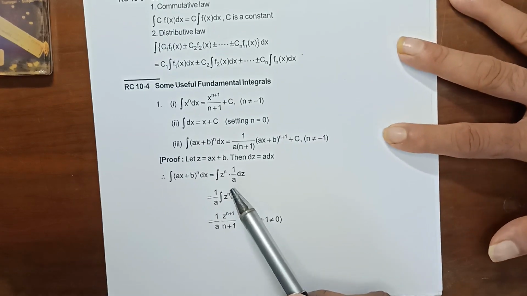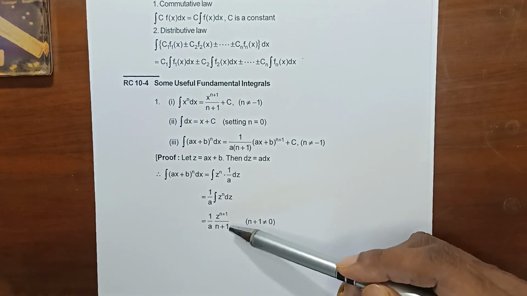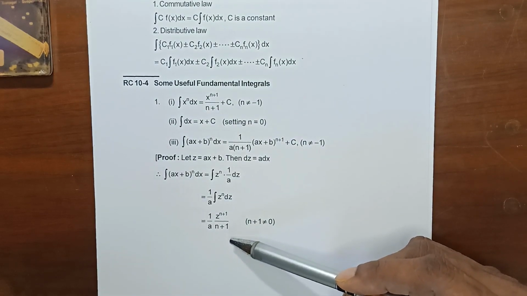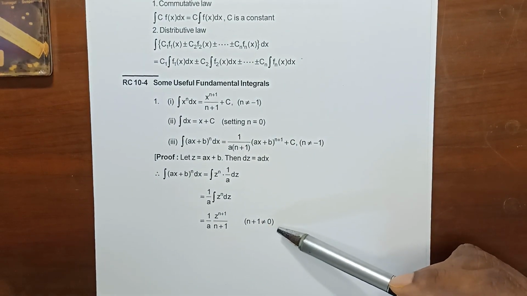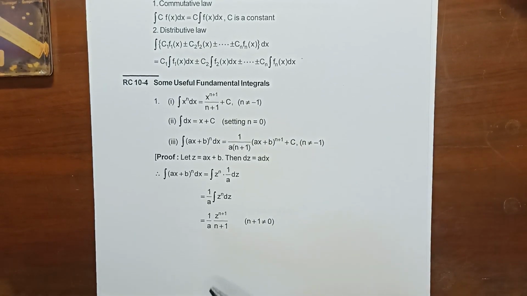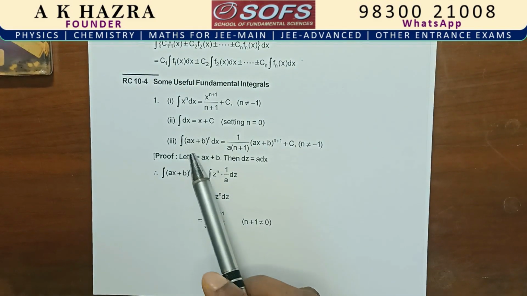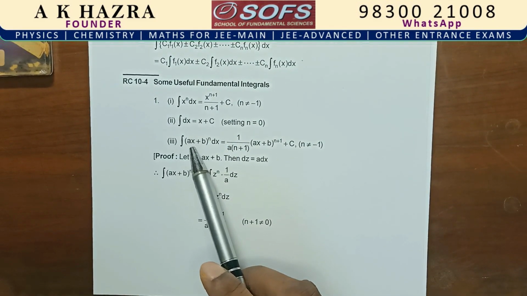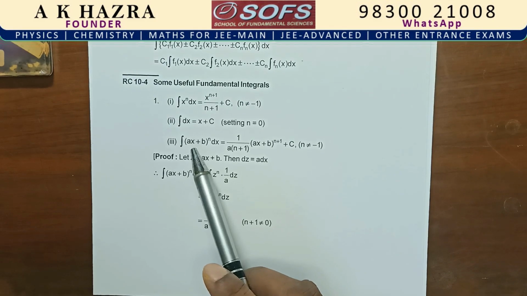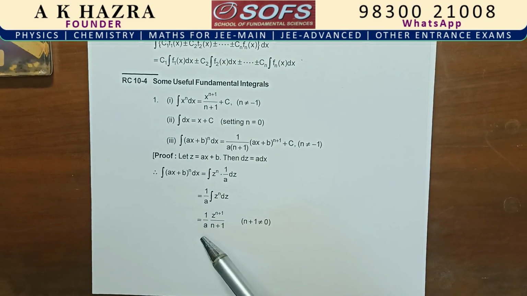So z^n dz gives the same result as number 1, z^(n+1)/(n+1). Obviously n+1 must not equal 0, that is, n is not equal to minus 1. One thing you note: 1/a is the coefficient of the ax term, the coefficient of the term containing x. So this constant, the coefficient of x, will divide in the final result.